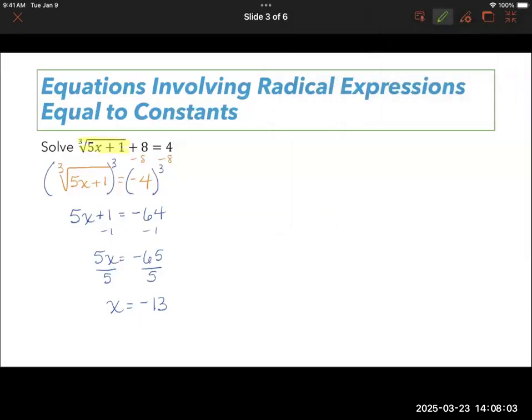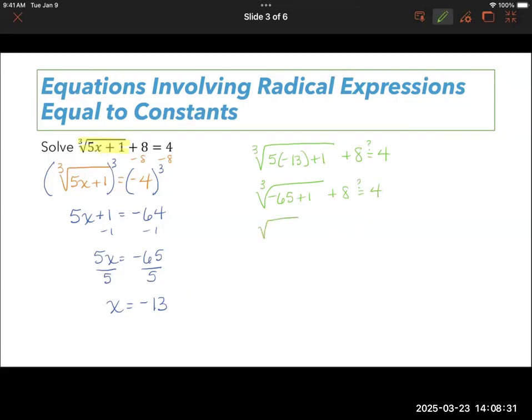Now again, I want to take a minute and just substitute this back in to make sure it works. So we've got a cube root of 5 times -13 plus 1. Outside of that radical, we have a +8, and we want to know if that really is equal to 4. So this will be the cube root of -65 plus 1 plus an 8 equal to 4.